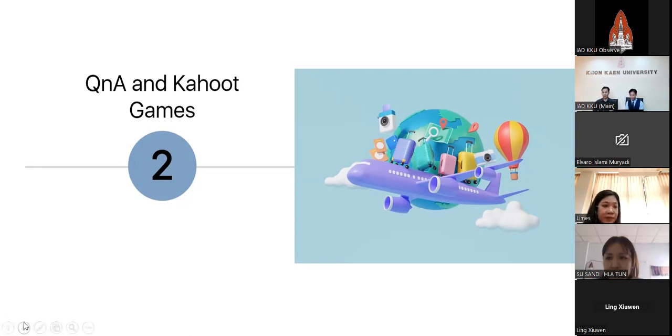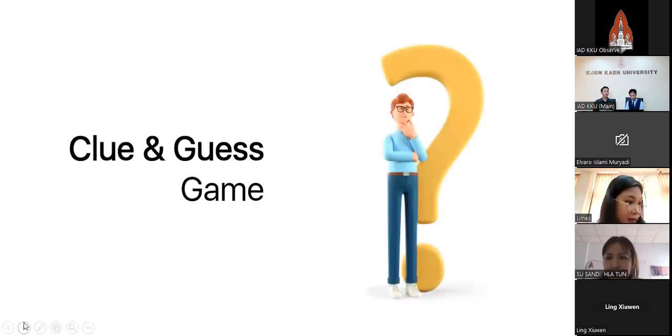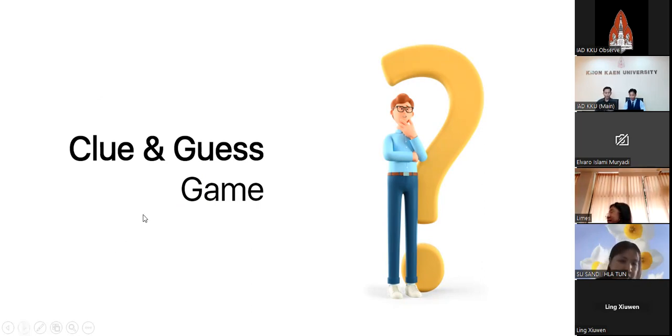Okay, so without further ado, let's turn to the activity. The first activity is the clue and guess game. This game is aimed to build your communication. Let me give you an instruction.